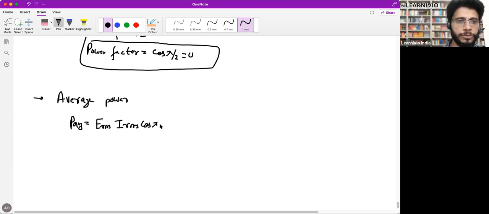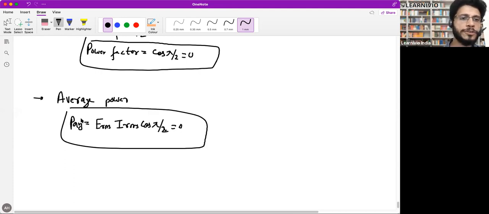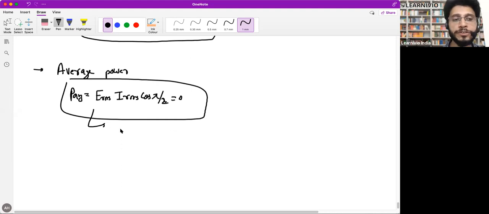Cos pi by 2, yeah, it would be 0. So in a circuit having only an inductor, average power is 0. That means no heat dissipation, no wastage of energy. Power dissipated means part of energy dissipated as heat, so no part of energy is dissipated as heat. There is no loss of energy.